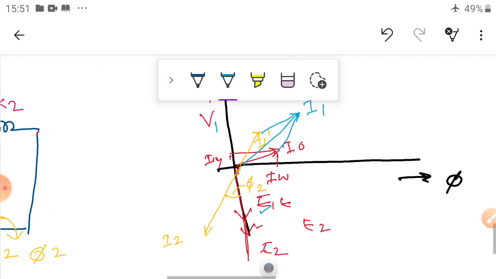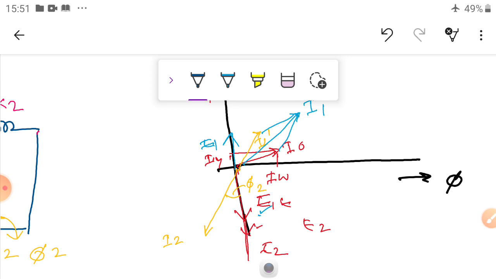What is E1? E1 is in this direction. So you write E1 in some direction. That is equal to E1. Now we take this one outside first.